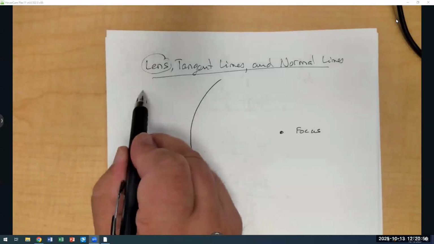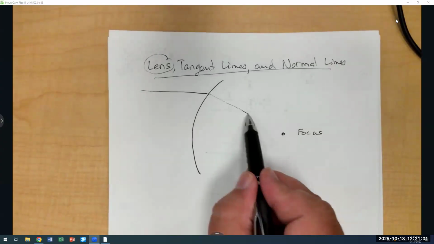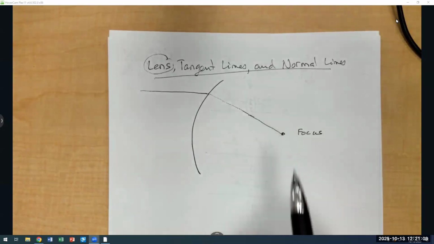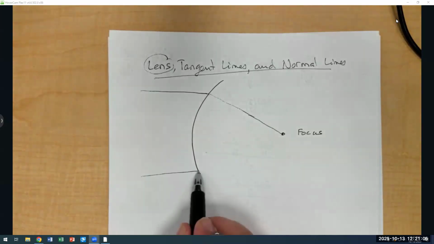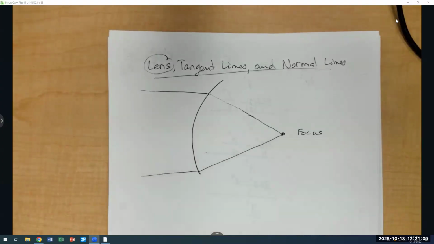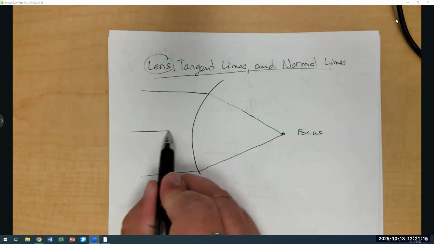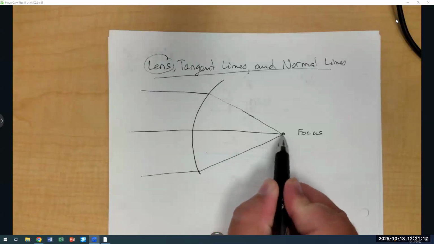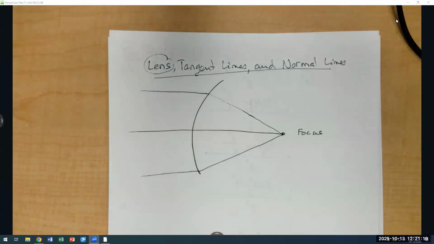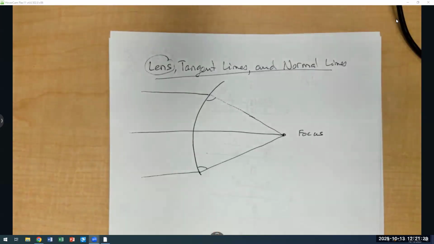So no matter how the light enters the lens, it has to bend to get to that focal point. Now, there's only one point where there doesn't have to be a deviation of sorts.